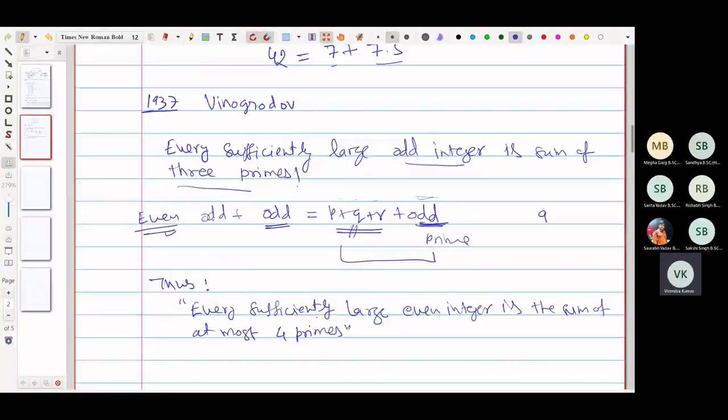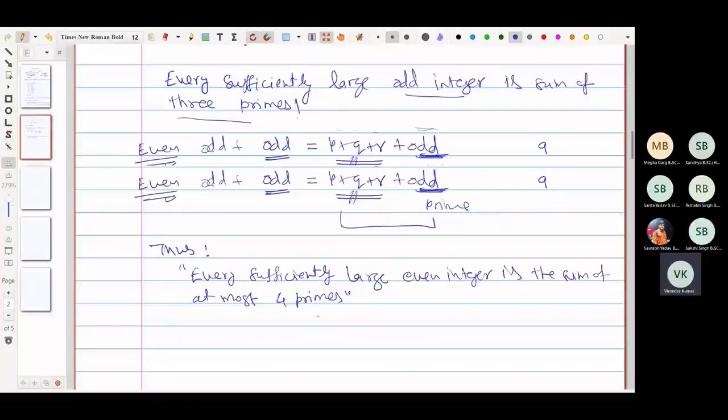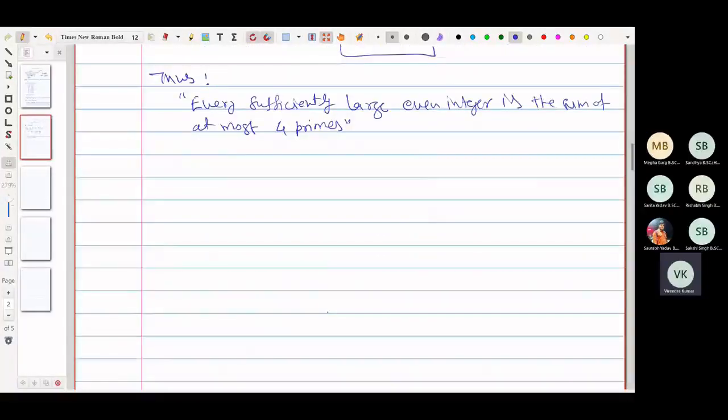Now next, in the search of how primes are distributed and what they are, is there any pattern with the help of which we can find all primes, or is there any formula with the help of which we can generate all primes? Of course, we know that there are infinitely many primes, but there is no sure method to say that this formula is going to give us all primes.